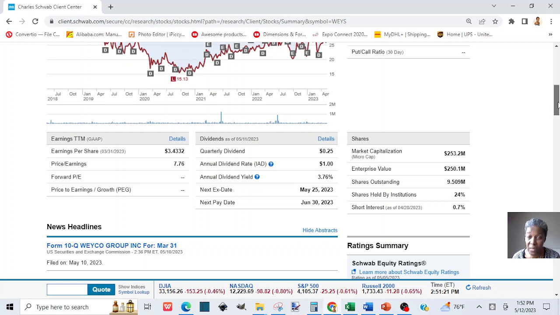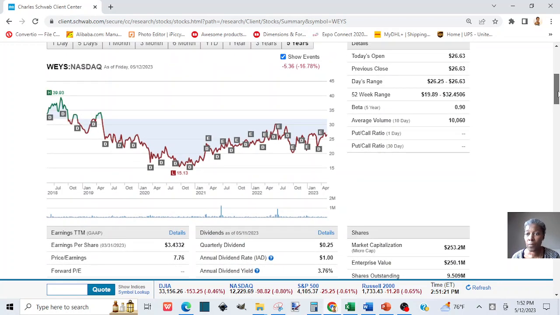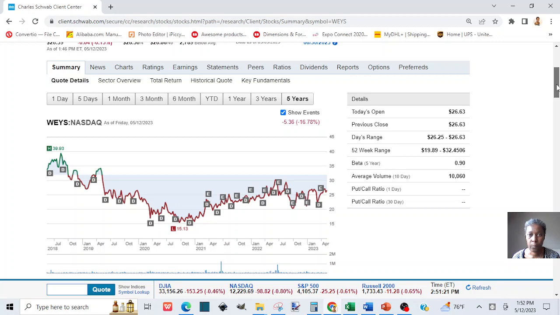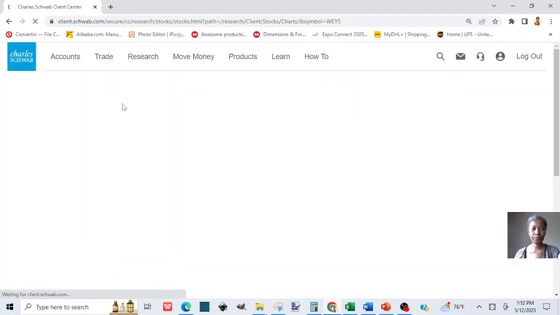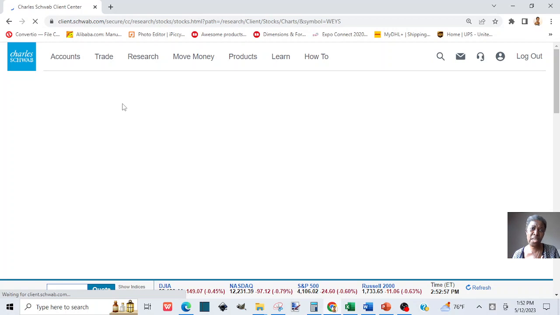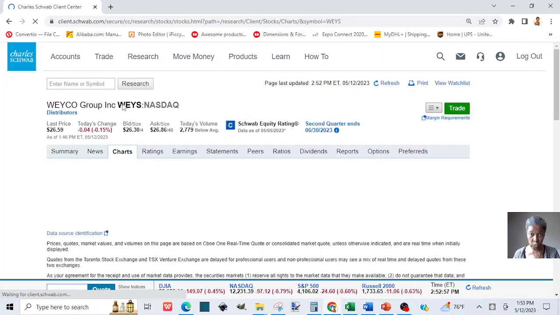They will pay 25 cents every quarter per share, and that's $1 a year per share. So now let's click on the chart. We'll click on the chart so that you can see the maximum chart. Now from this page, we are going to batch research as well.